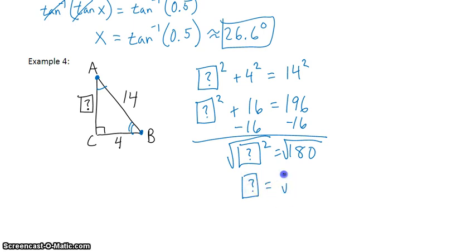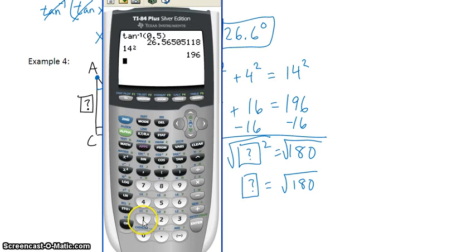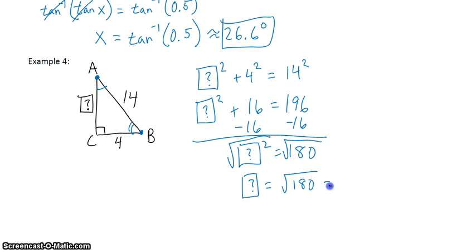Question mark equals the square root of 180. But 180 is divisible by a perfect square, and the biggest perfect square that divides 180 is 36. So I'm going to rewrite 180 as 36 times 5, which simplifies down to 6 square roots of 5. So my missing side is 6 square roots of 5.